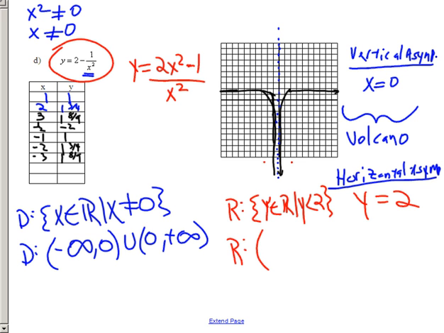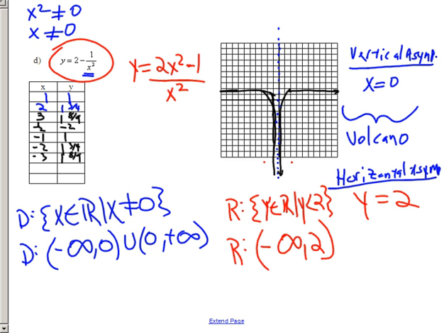Written in interval notation, we go from negative infinity to 2, parentheses. Notice, always parentheses with infinity. We have a parenthesis on 2 because it's non-inclusive. Always make sure negative infinity is on the far left if you're using interval notation. Okay?